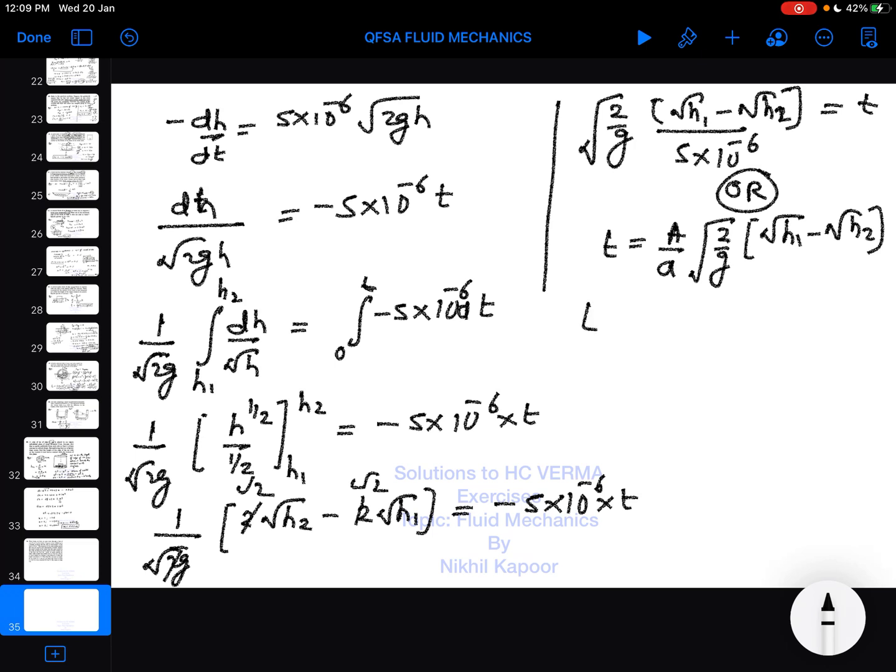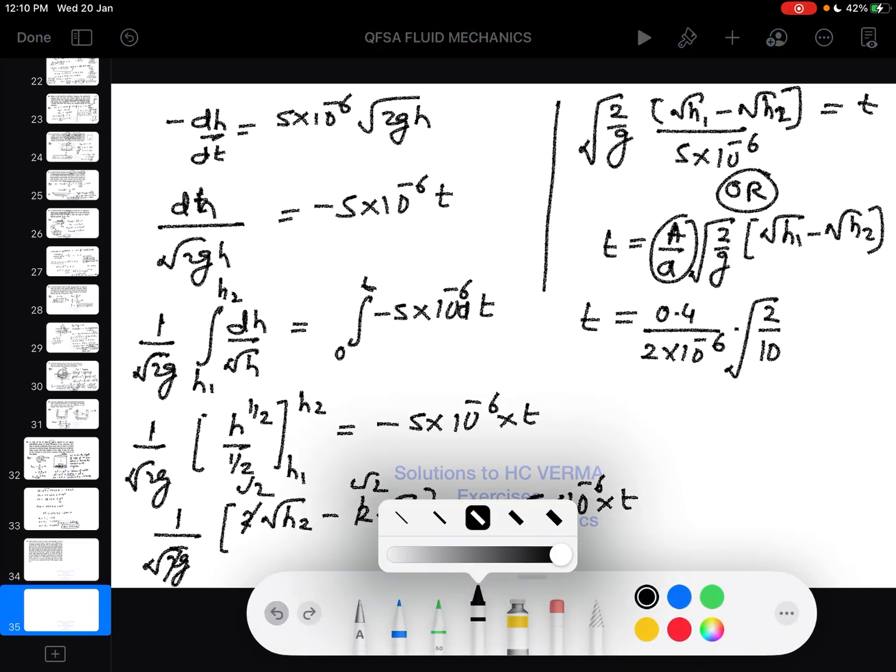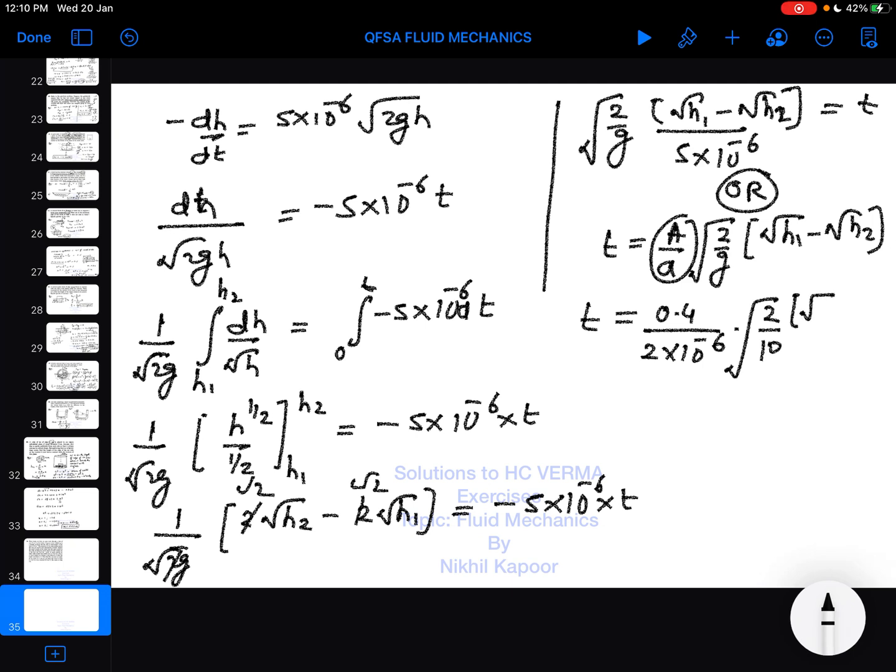The formula can be directly used as the ratio of this thing is inverse of 5 into 10 to the power minus 6, or you can say 0.4 upon 2 into 10 to the power minus 6 also, into under root 2 by 10, under root initial height was 80 centimeter, so 0.8, minus the final height was 0.4 because half. So this will be 0.2, so it will be 2 into 10 to the power 5.